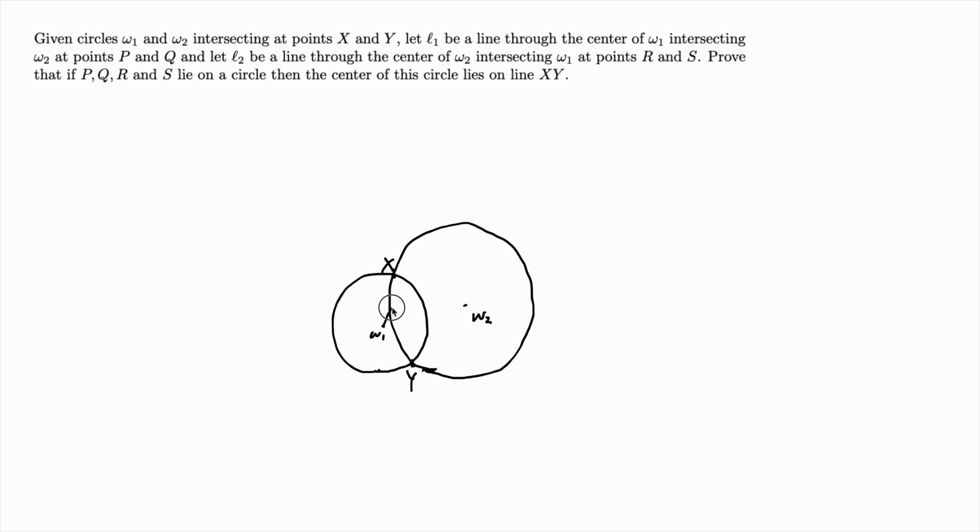Okay, and let's arbitrarily draw a line. So we have P and Q, and ideally we want the center to be around here. The center should be around here, so maybe something like this.